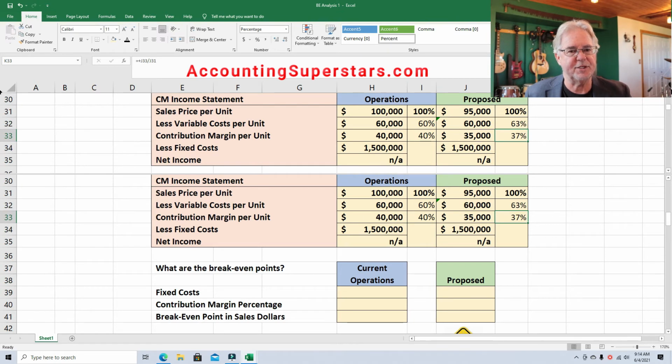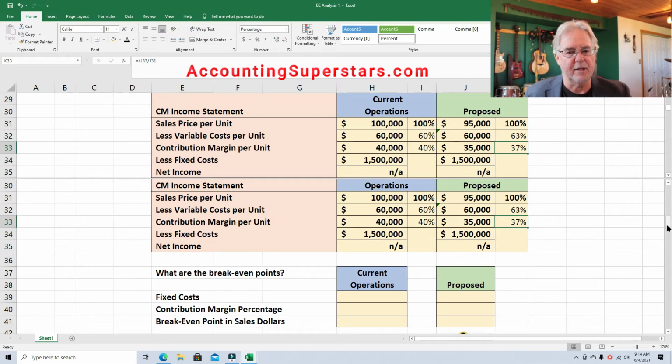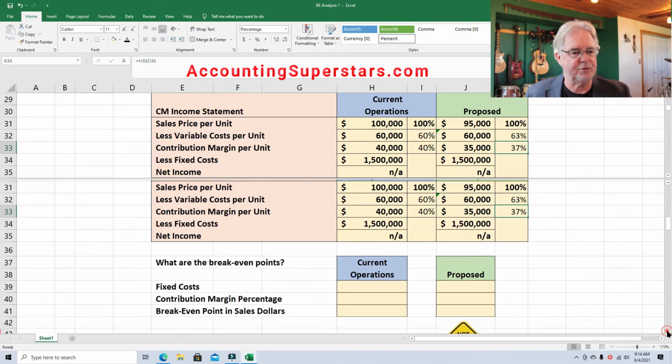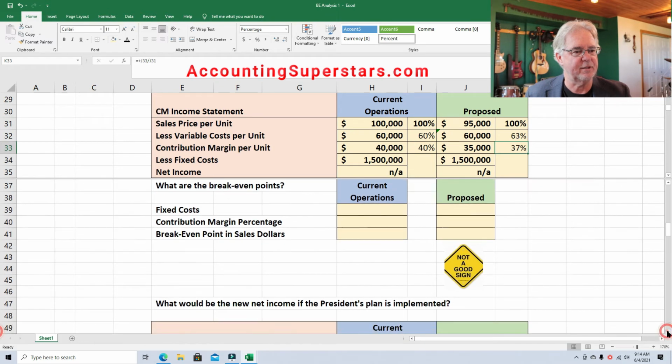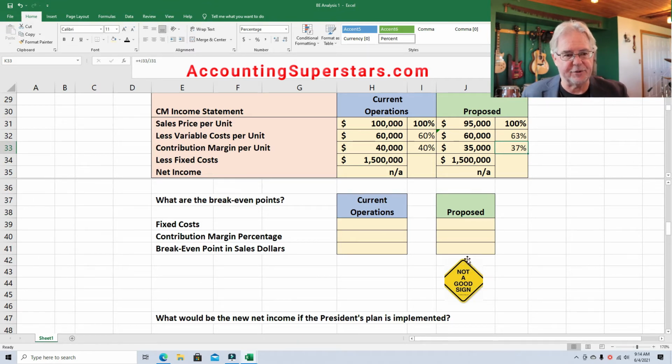So here's the chart that we just completed just a moment ago. There we are. And let's come down to finding the break-even point. Well, finding the break-even point is super easy. Here's all you do. It could not get any easier than this. So fixed costs, well, the fixed costs are 1.5 million, always in grand total amount.